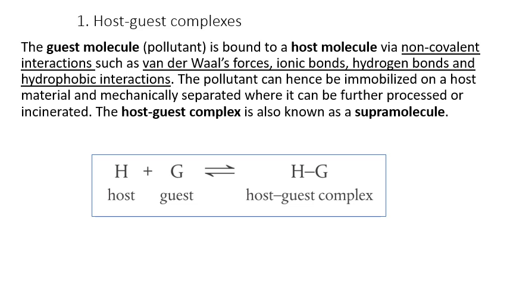This creates host-guest complexes. These mimic the structures of enzyme-substrate complexes, where the synthetic analog of the enzyme, which is known as the host, and the environmental pollutant, the guest, are held together by multiple non-covalent interactions, including van der Waals forces, ionic bonds, and hydrogen bonds.